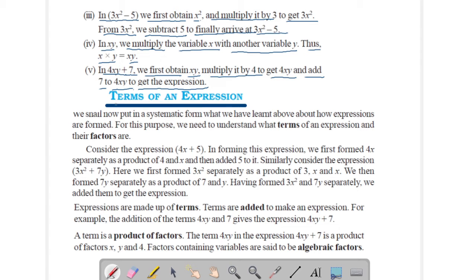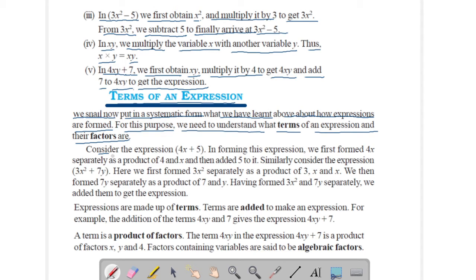Now, terms of an expression. We shall now put in systematic form what we have learned above about how expressions are formed. For this purpose, we need to understand what terms of an expression and their factors are.